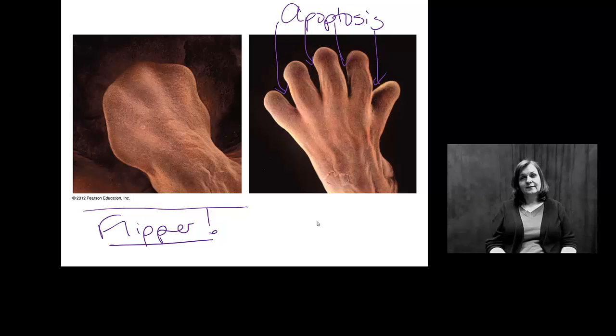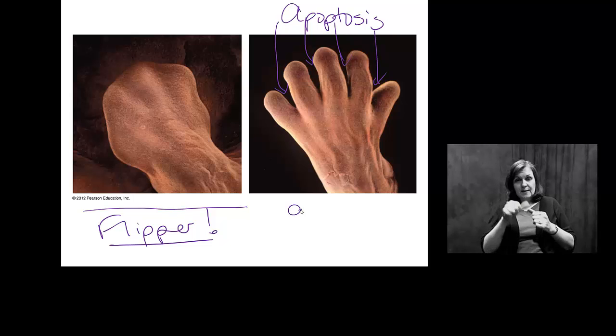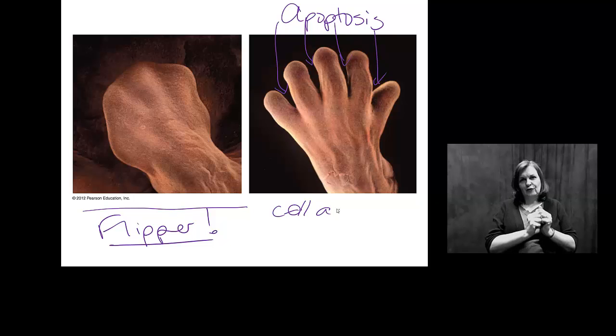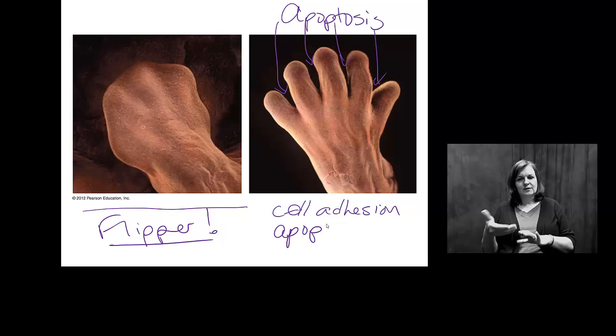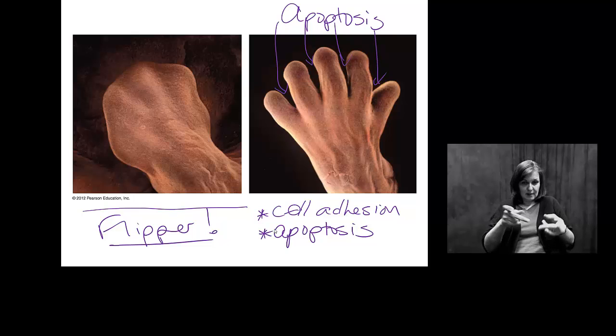So, before we talk about chemical signaling and morphogens, we need to keep in mind that cell adhesion and apoptosis will be critical functions in development to make sure that not only are our cells in the correct place, but that we'll have good covering and a solid body form when all is done.